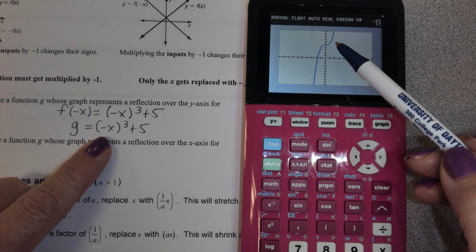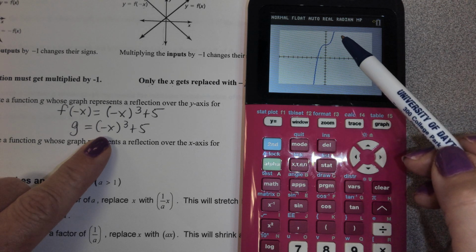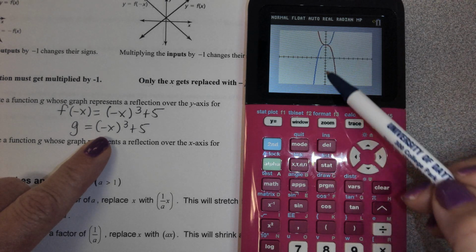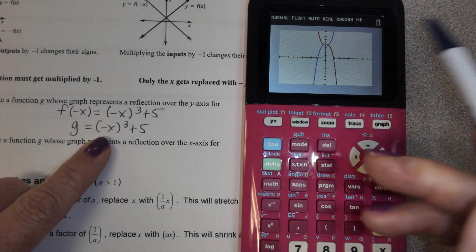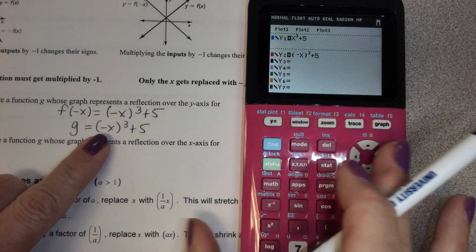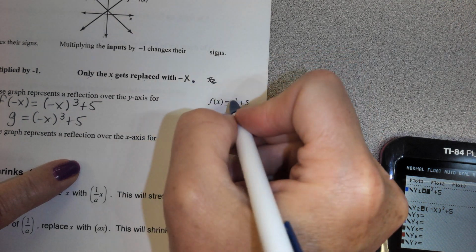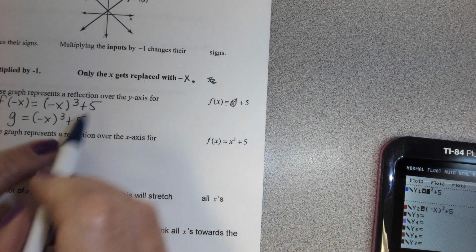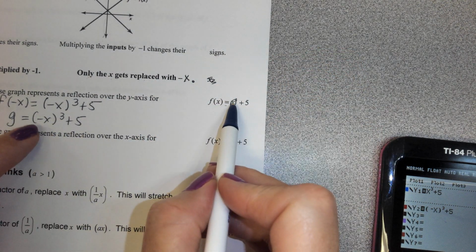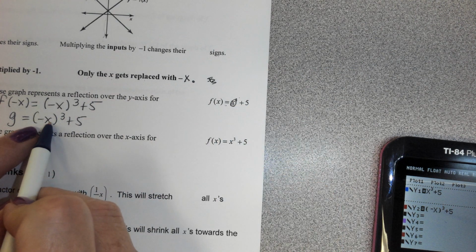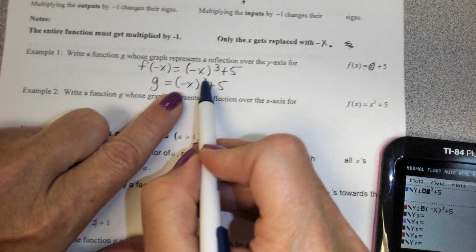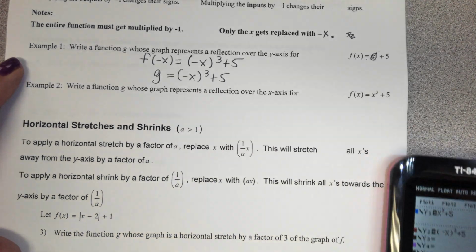It's in blue. Here comes my new one. And see how that's a reflection over that y-axis. So what I did was, here's where the x is. I have to use parentheses on that. That x was getting cubed, so I have to say my negative x is getting cubed. Yes, you could simplify that more, but we're just going to leave it as is for now.